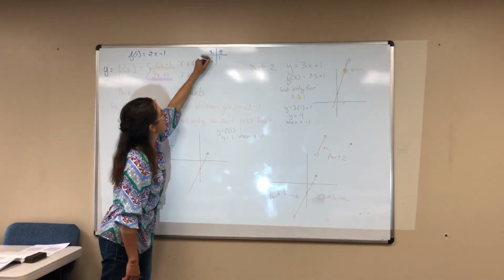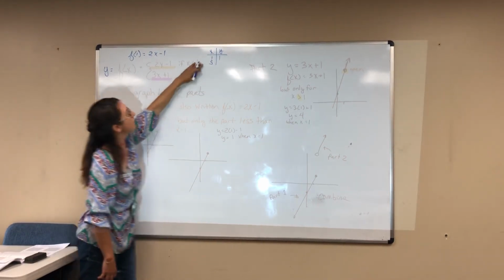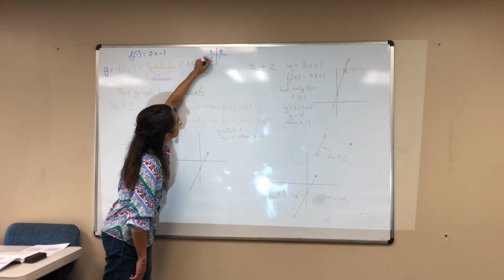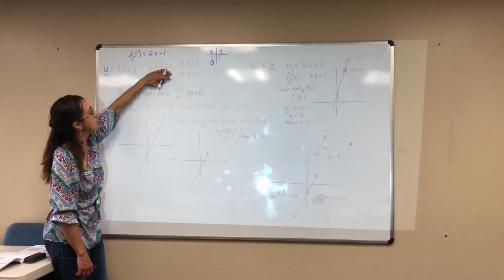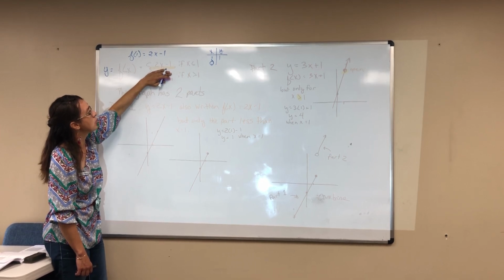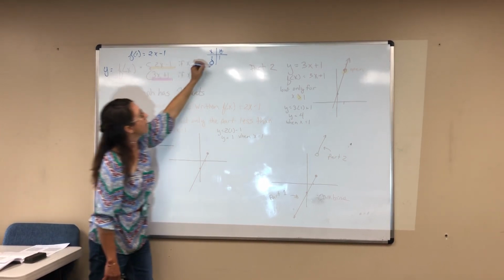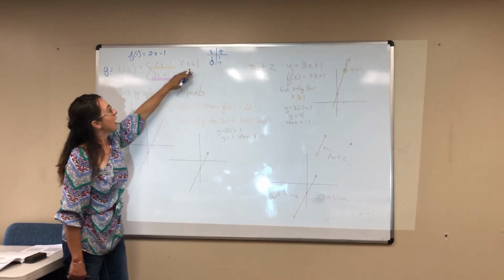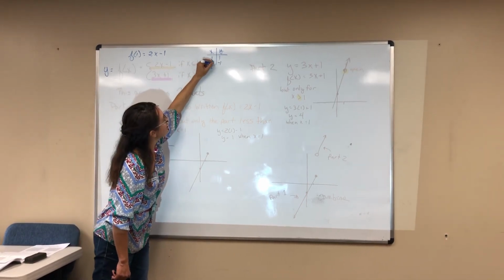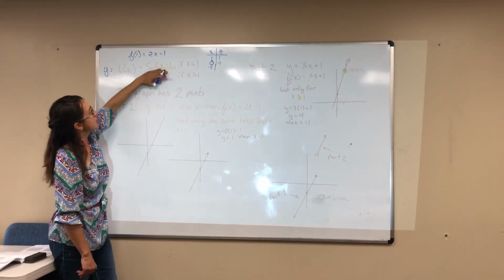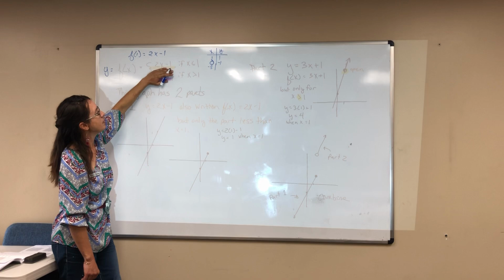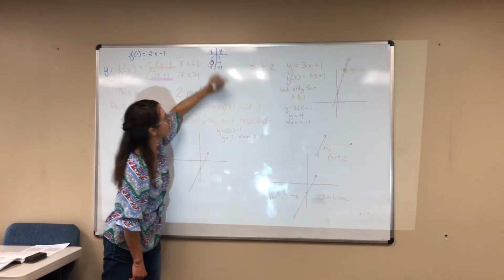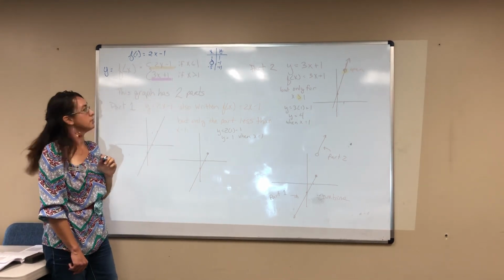If x is 0, I'm still using 2x minus 1, then y is equal to negative 1. If I picked x is negative 5, I'm going to use this one, and I would get 2 times negative 5 minus 1 gives me negative 11. Okay, so there are some coordinates that I have there.